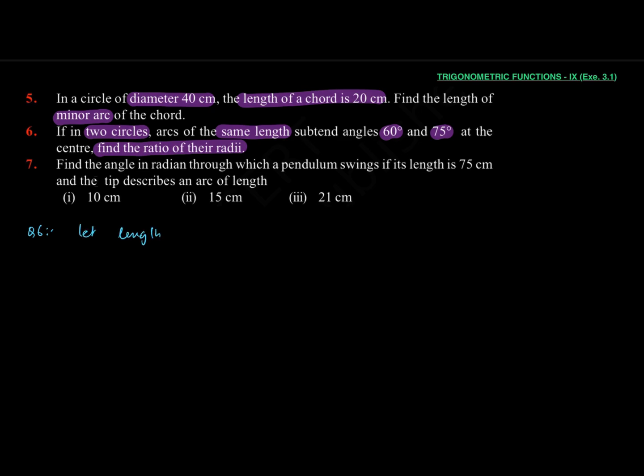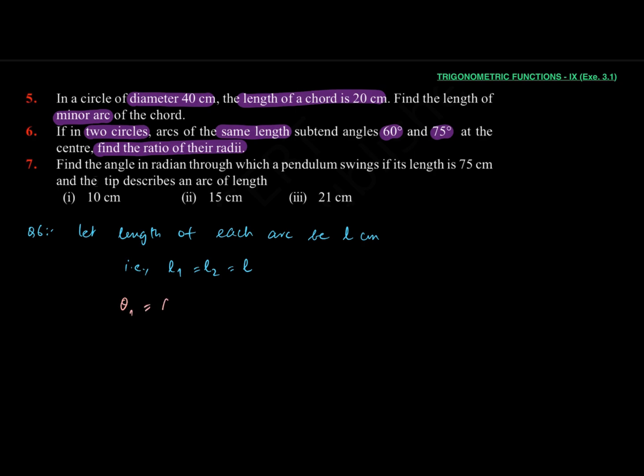Let length of each arc be L centimeters. That is L1 is equal to L2 is equal to L. So L1 represents the arc length of a circle, L2 represents the arc length of second circle, and these both lengths are equal, and we have assumed that these lengths are equal to L.